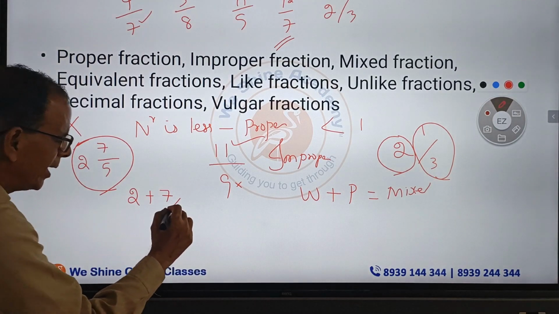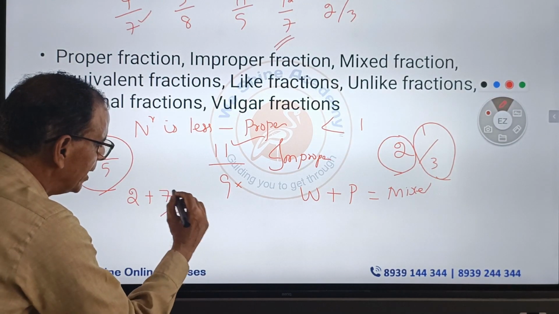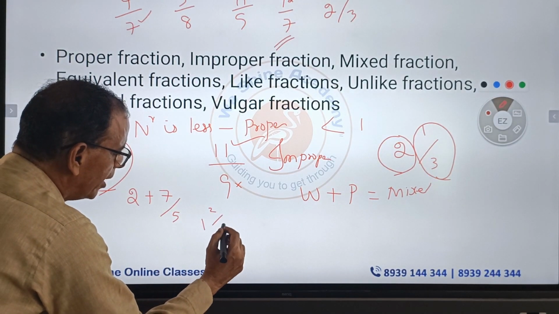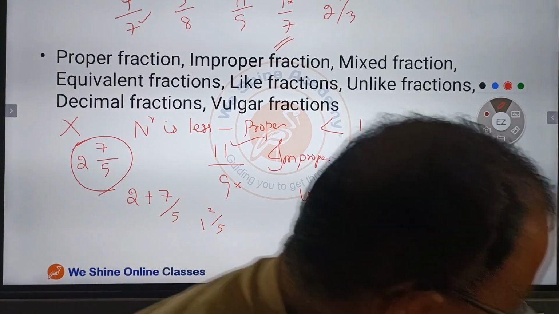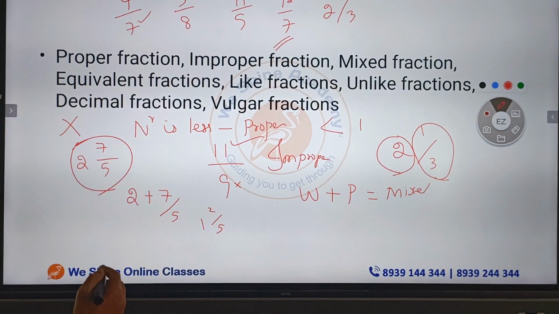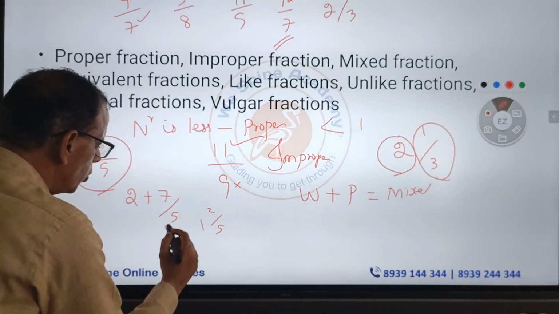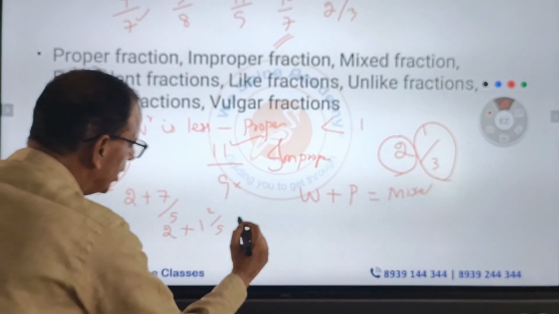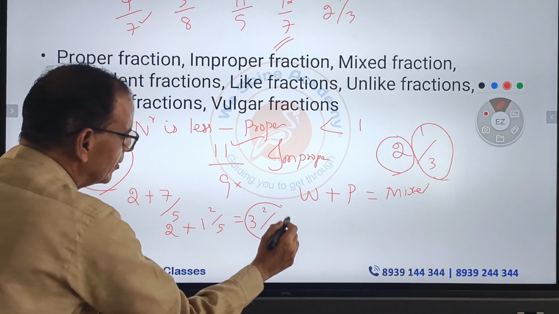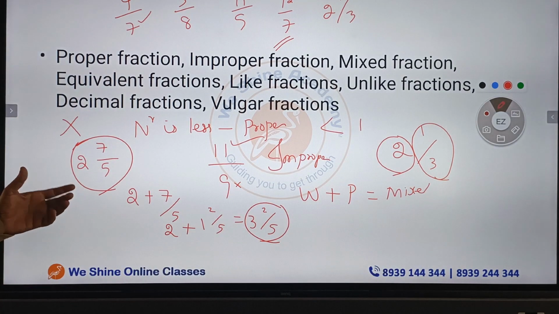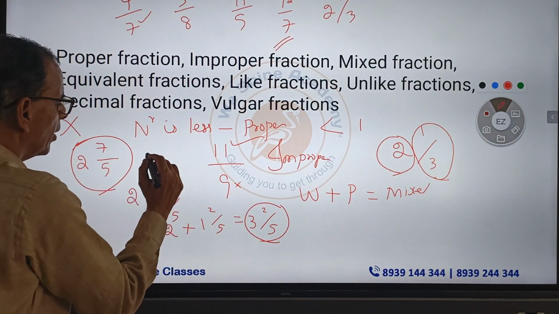What is 7 by 5? 1 5s are 5, remainder 2, 1 2 by 5. This is 2 plus 1, how much? 3 2 by 5. This is the answer. It should not be in improper fraction.